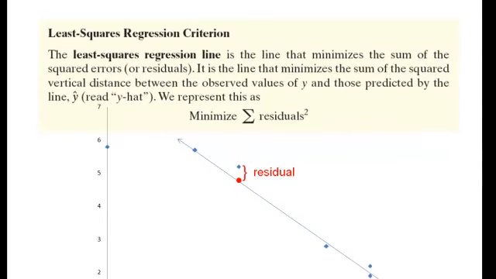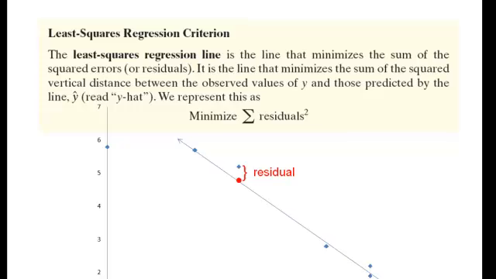So the least squares criterion says that we're going to try to find the line through these points that minimizes the sum of the squared errors, or the squared residuals. In other words, for every point in our data, given a line through those points, we can calculate a residual.